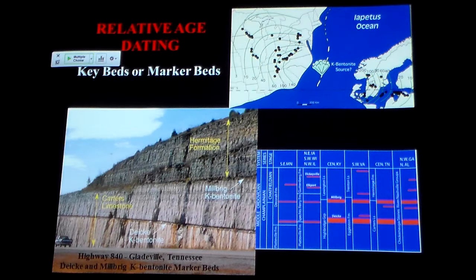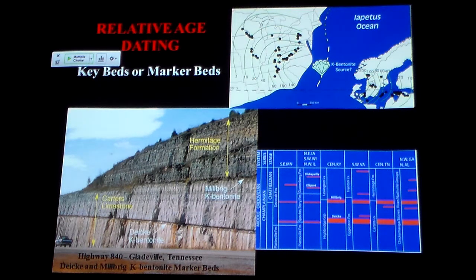And we didn't understand how this could happen over such a huge area, the whole eastern half of the United States, basically the whole western half of Europe, and the Atlantic. Wow, what was going on? What kind of a volcano produced that widespread an event? But then as we developed plate tectonic theory, it fell into place.